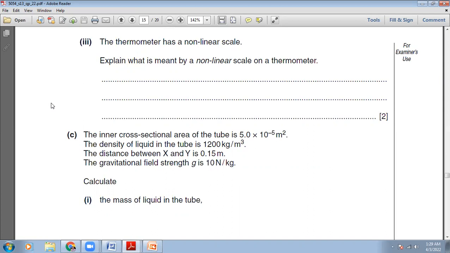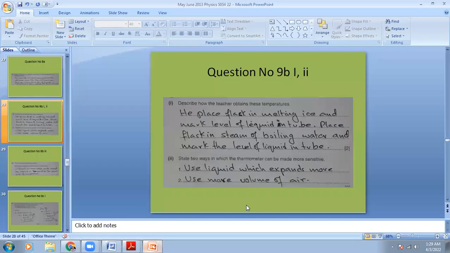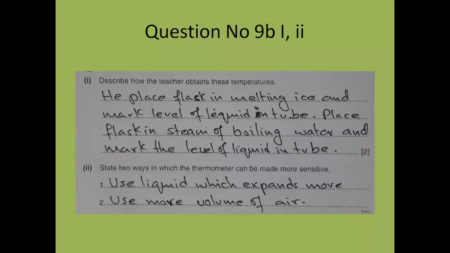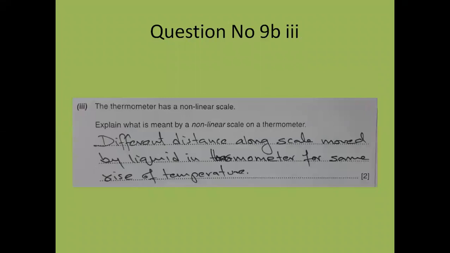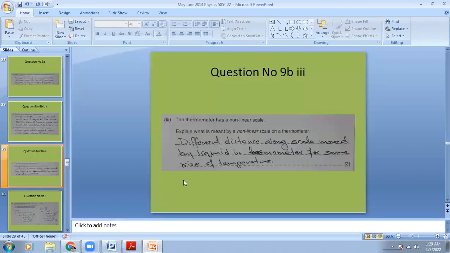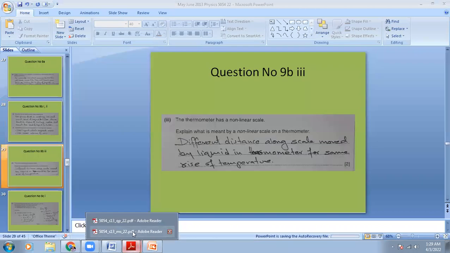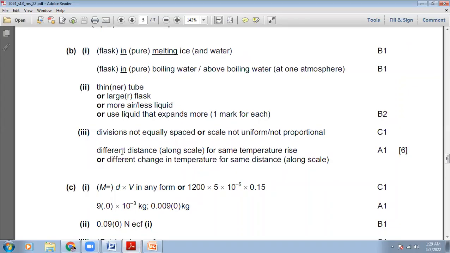So let's see what we have written in the answer. Okay, so here we go. Different distance along scale moved by liquid in thermometer for same rise of temperature. So let's have a look here.